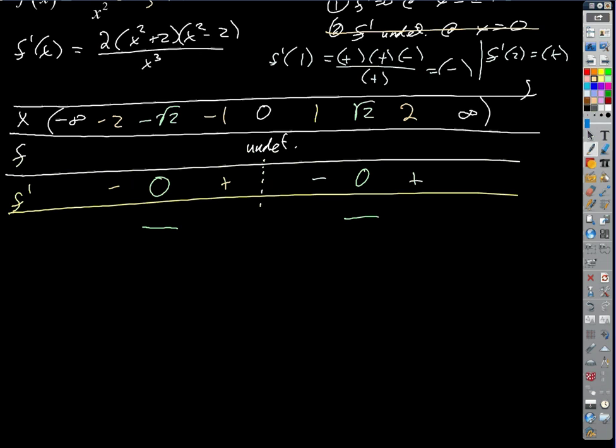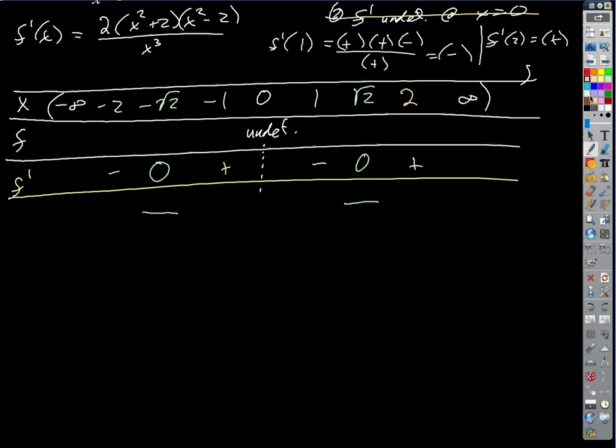So let's write these down. I could say that f is increasing on what intervals? Okay, good. So I've got the interval negative radical 2 to 0, or right?